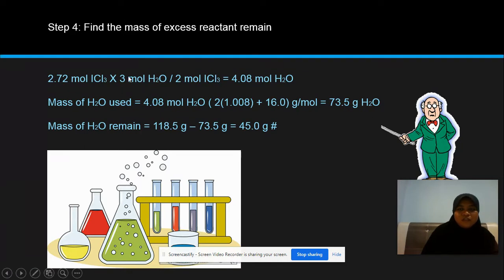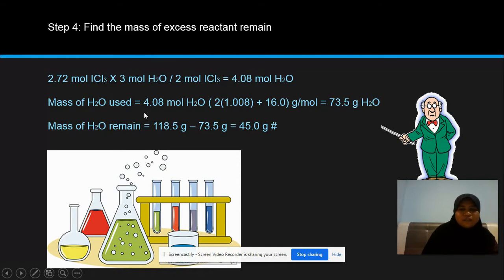From the balanced equation, we know there are 3 mole of H2O over 2 mole of ICl3. So then we get the number of mole of H2O, which is 4.08 mole of H2O. Then from the number of mole of H2O, we can find the mass of H2O used.